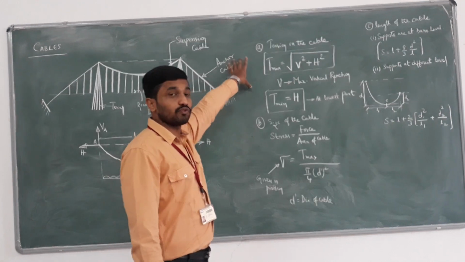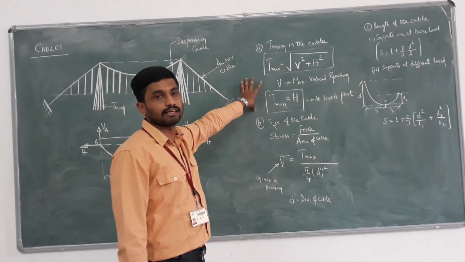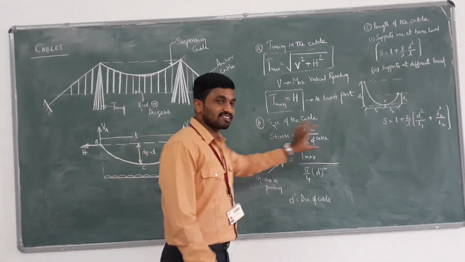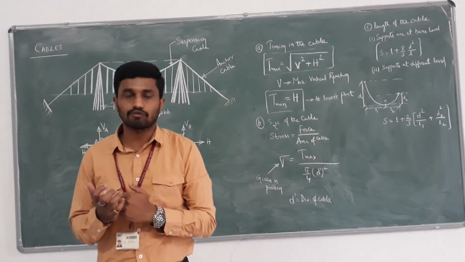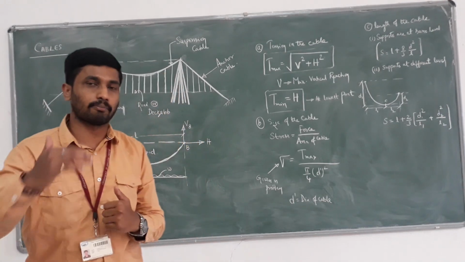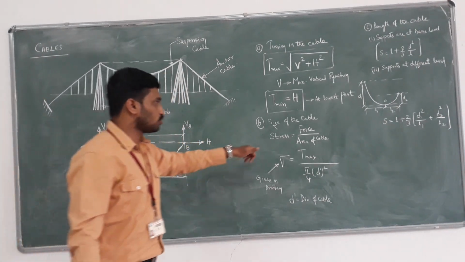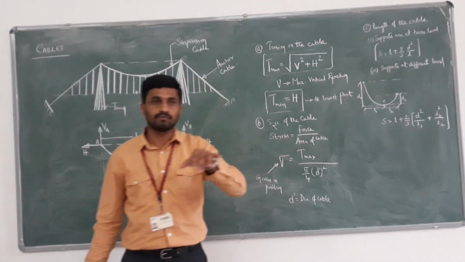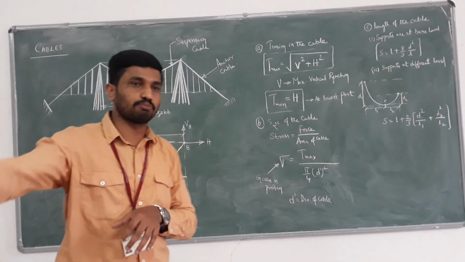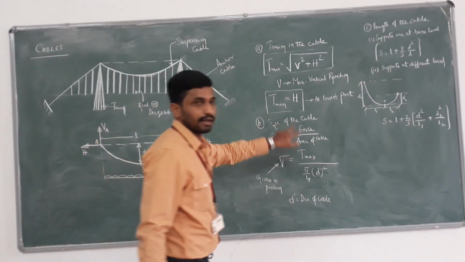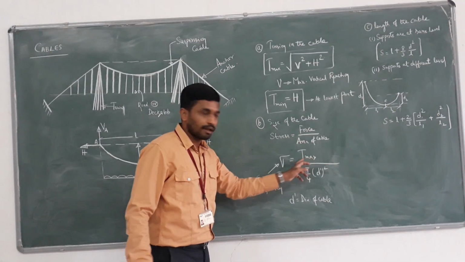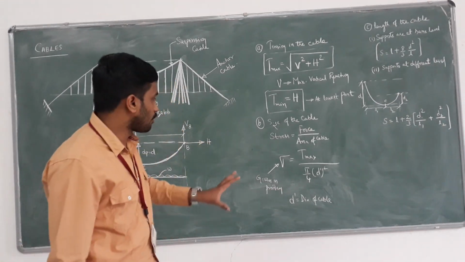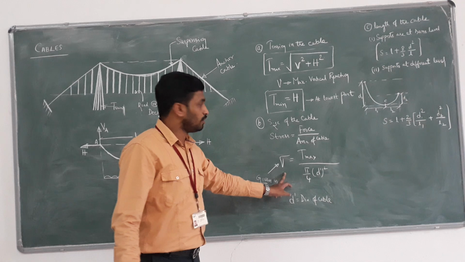Once we determine the tension developed in the cable, the next part is the size of the cable. To determine the required size for a particular value of load, we use the basic relation from mechanics of materials: stress equals force per unit area, sigma equals F by A. Sigma is generally given in the problem.